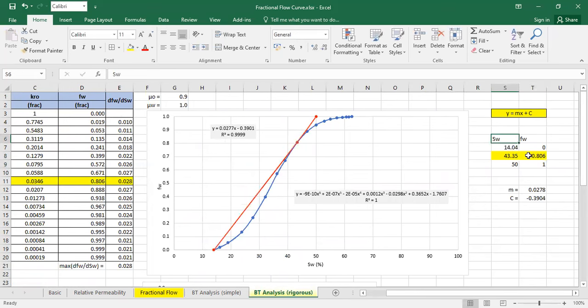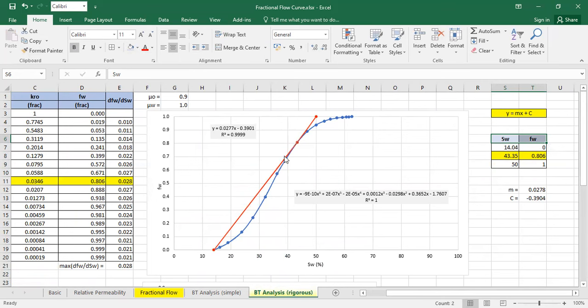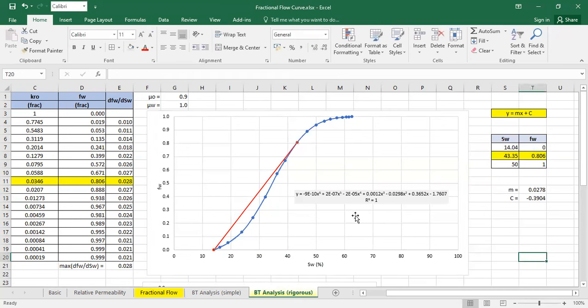Okay, and I will make it bold. It's raining outside, and I will correct my line. I will delete it first. So I have the correct straight line, the correct tangent line.